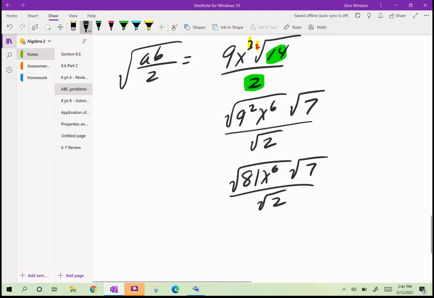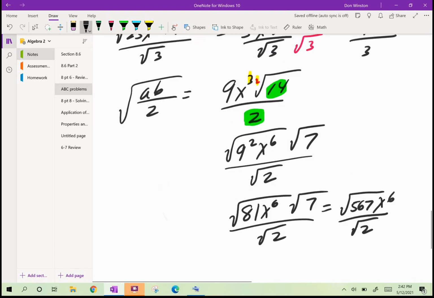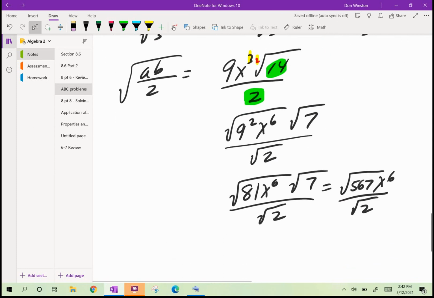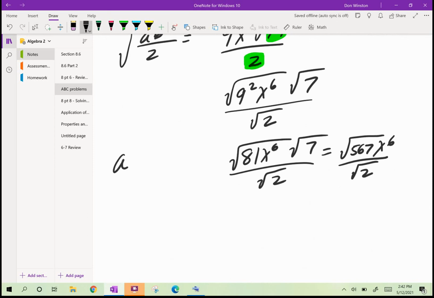So this would have been the square root of 567 x to the 6 over the square root of 2. So my A would equal 567 and B would equal x to the 6.